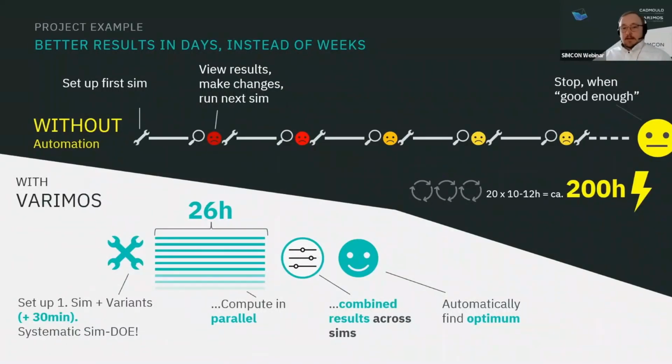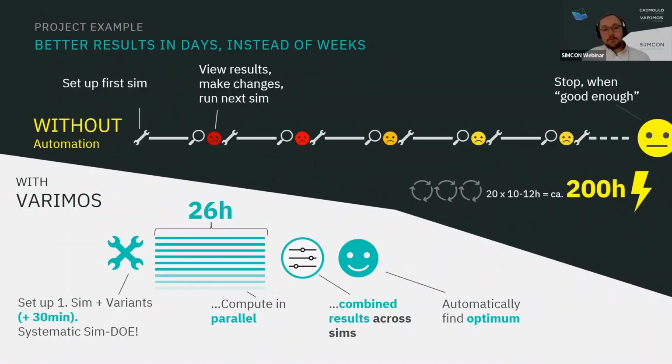Well, it's a very drastic example of how much time you can save when using Varimos, because basically always when you're simulating, you're analyzing certain results, and you try to come up with things you can change or want to change.